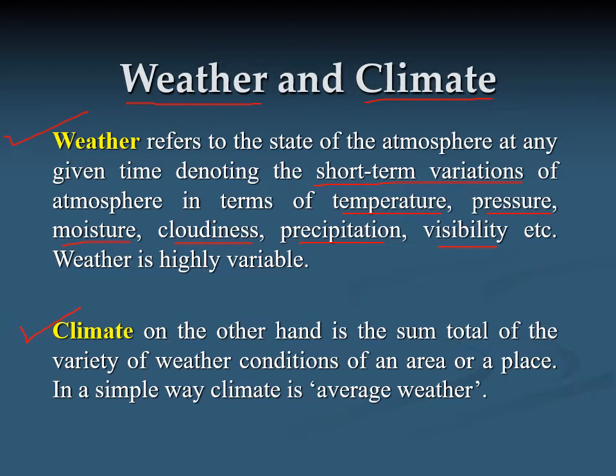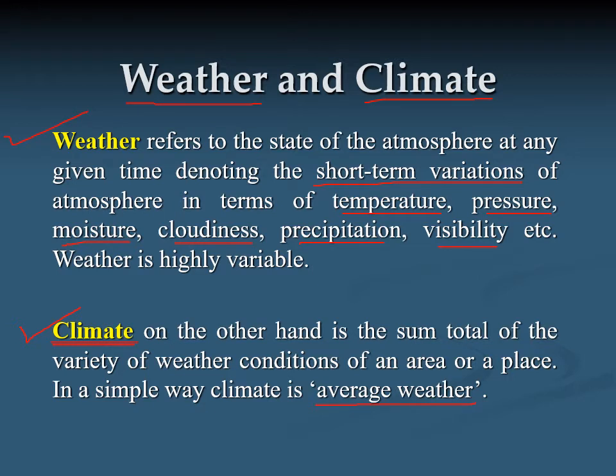So that is why it is said that climatic condition is a large time phenomenon, and in a simple way, climate is basically the average weather condition of any place.